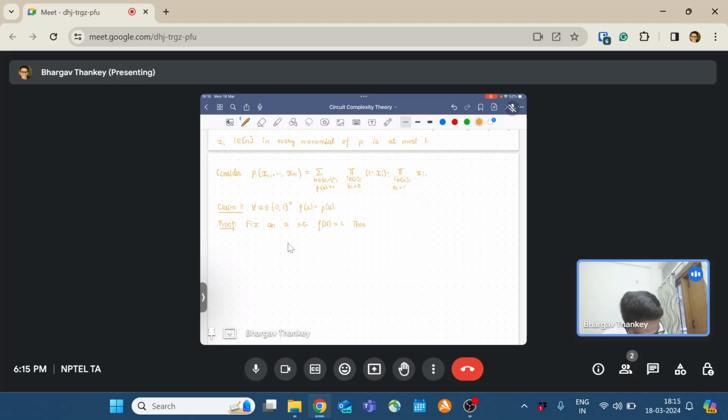So the term corresponding to a is a summand in P of a, and this summand is non-zero.